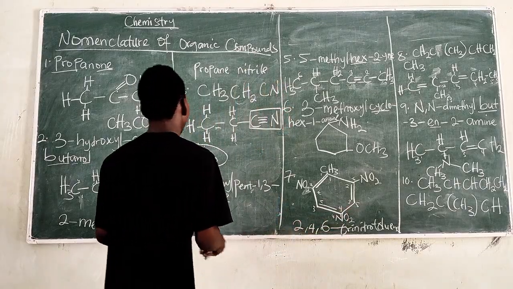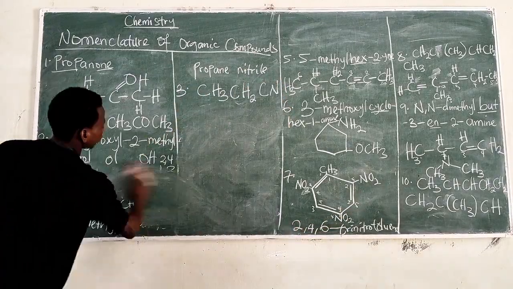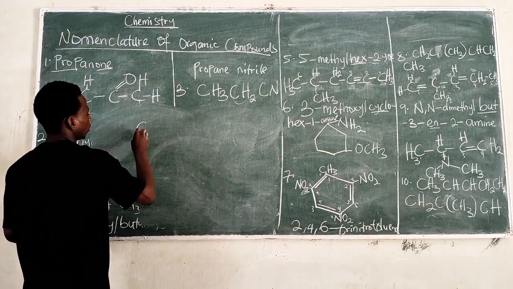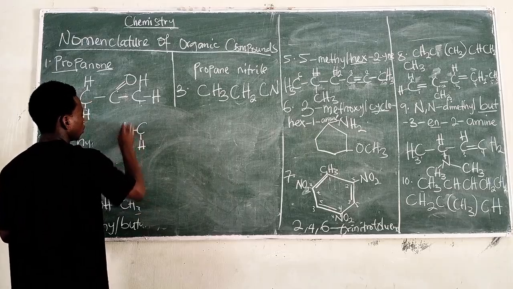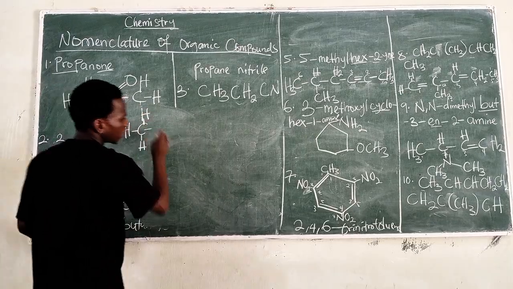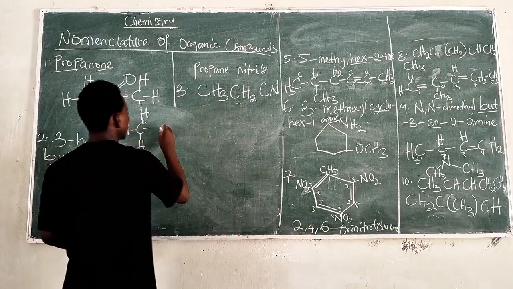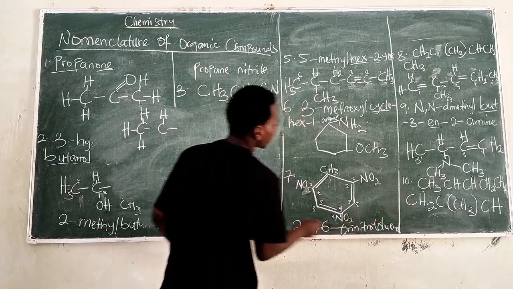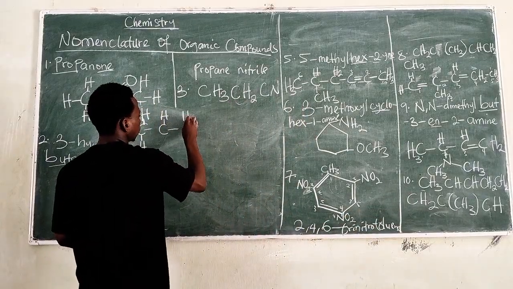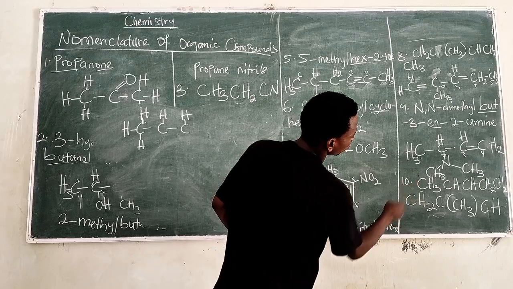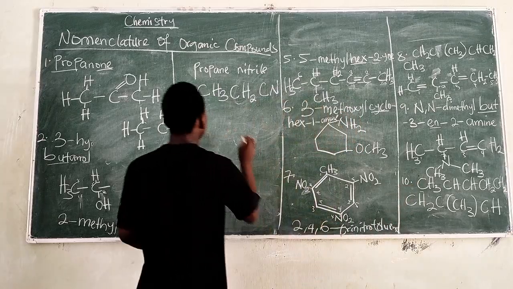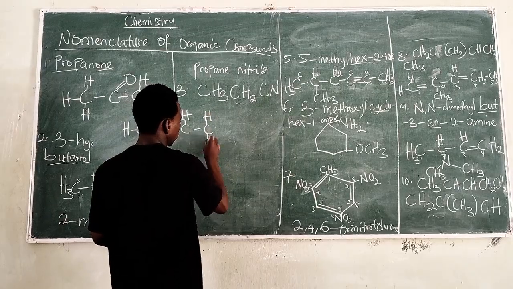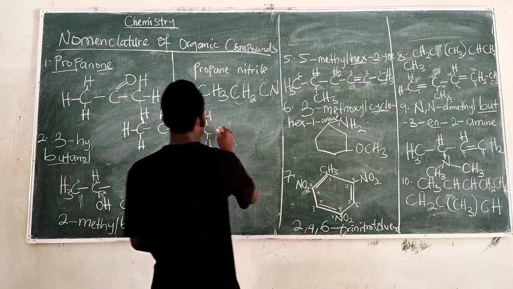So lastly, number 10. The first carbon is bonded to 3 hydrogen. The second carbon is bonding to CH. The third carbon is bonding to CH, which is also bonding to CH2 and is bonding to another CH2.